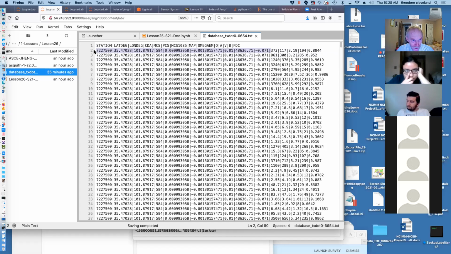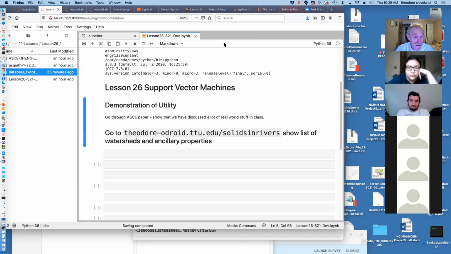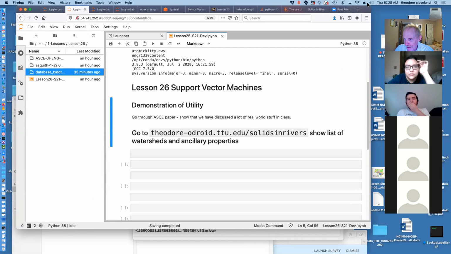Those columns for station number 722, 7500, all of the same information. So clearly that is something that is specific to that record. And then the varying portions are out here. So very good. That's what you've learned this semester, believe it or not. And you would read that in pandas and then start renaming column names and go to town with it.